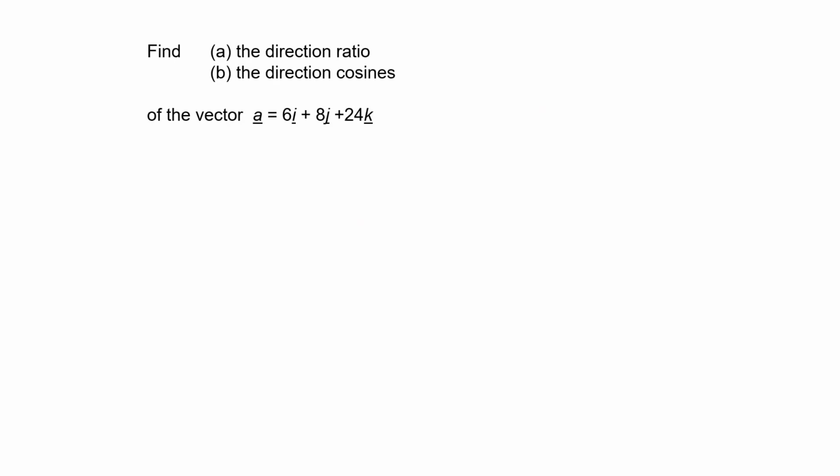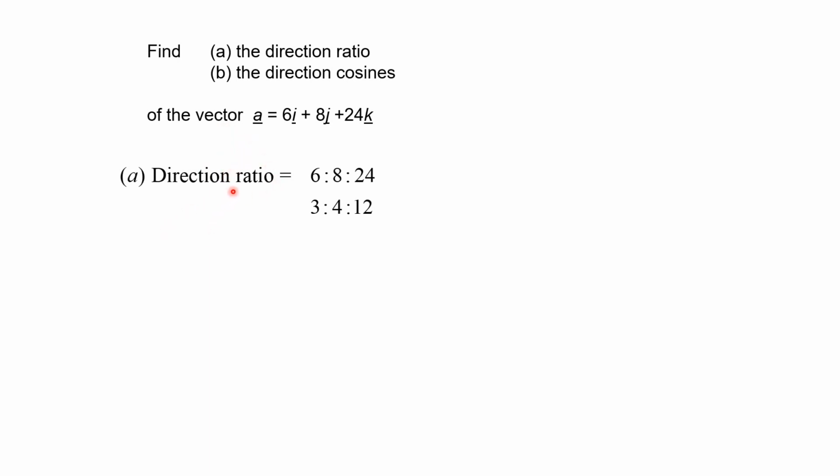So for example, if you need to find the direction ratio and the direction cosines of the vector A being 6i plus 8j plus 24k, in order to find the direction ratio, it simply refers to the magnitude of each component of i, j, and k, which is respectively 6 for x, 8 for y, and 24 for z.